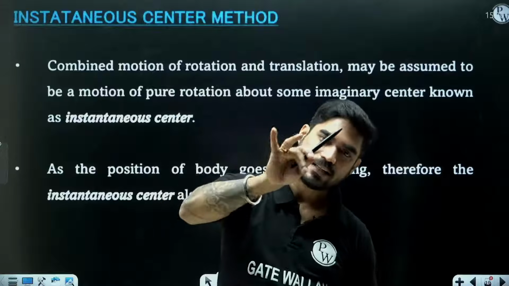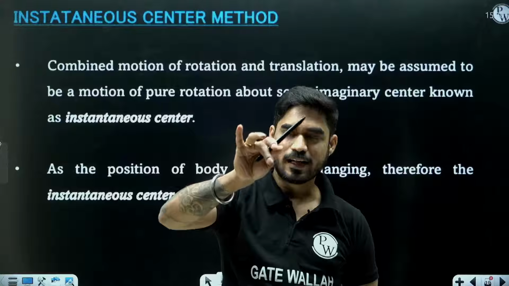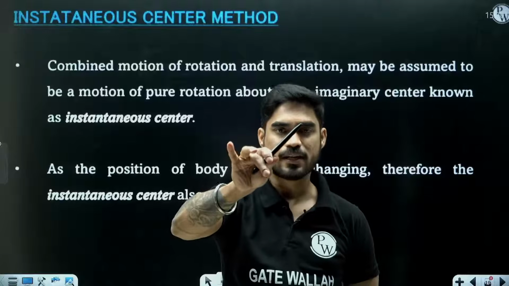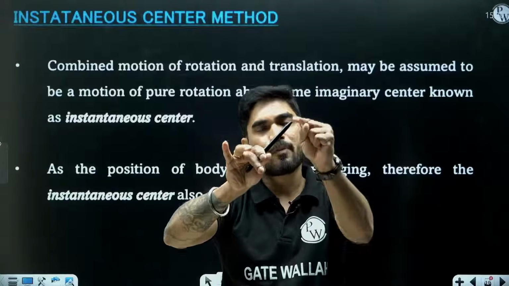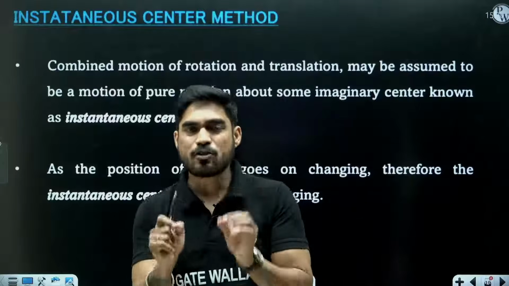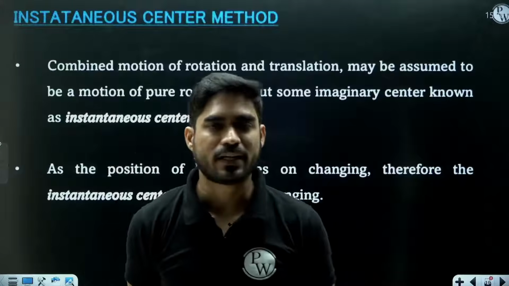For example, at t equal to 5 seconds, it was here. At this instant, I want to find the velocity of the tip of the pen. So I want to calculate the instantaneous velocity of a particular particle.